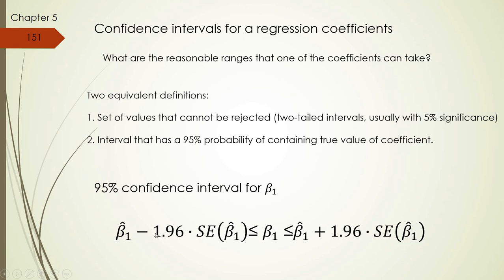On the left side it is negative, on the right-hand side it is positive. And we also need the standard error that we already have. When we calculate this, we can say that we can expect with 95% probability that the value of beta 1 in the population is inside these two limits.